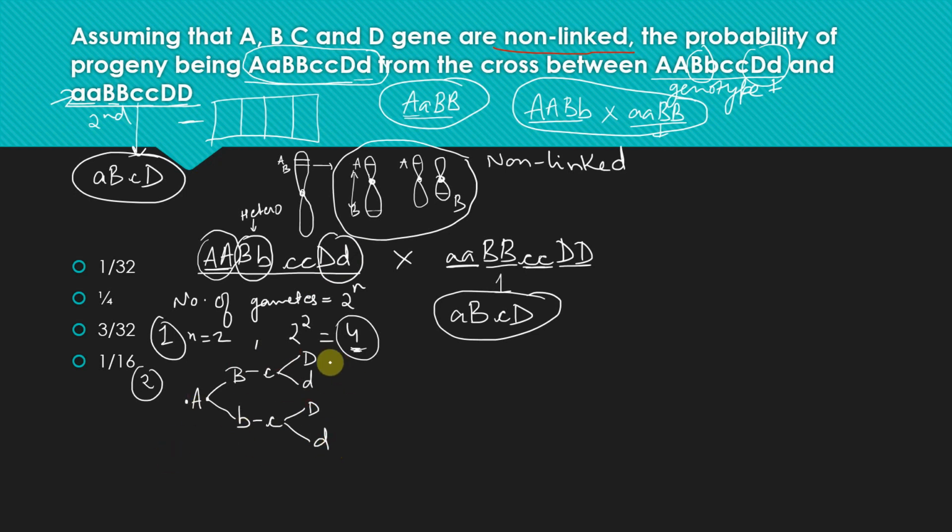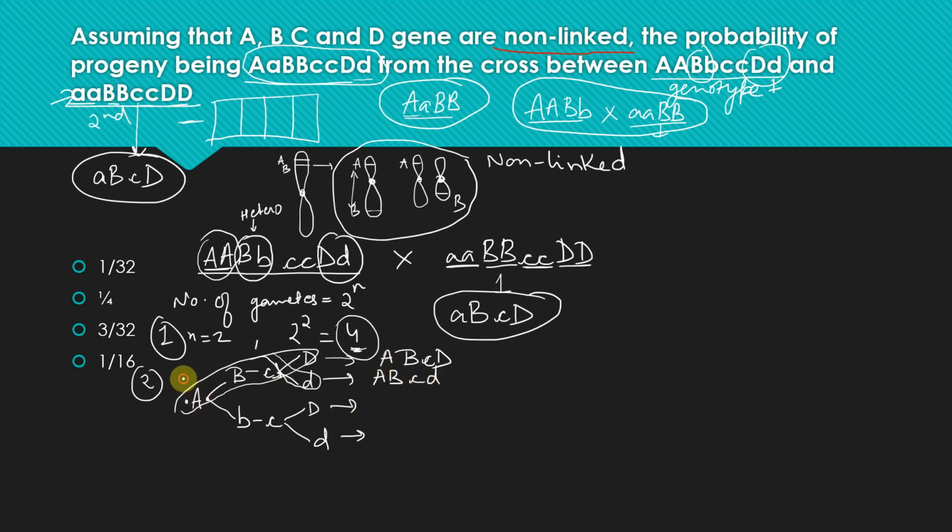Now how can you find the gametes? Just write the combinations following each path through A, B, C, D. This gives you one particular gamete: capital A, B, small c and D. Again capital A, B, and now this is diverted towards this one. Till here it is the same till C, so you can write capital A, capital B, small c and small d.